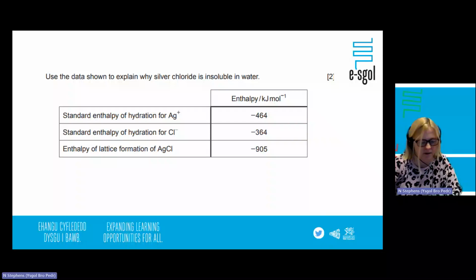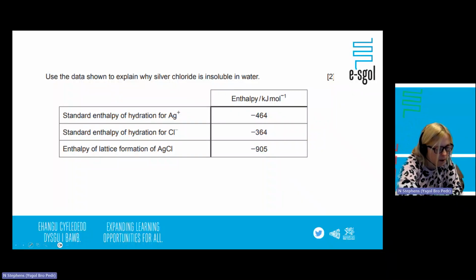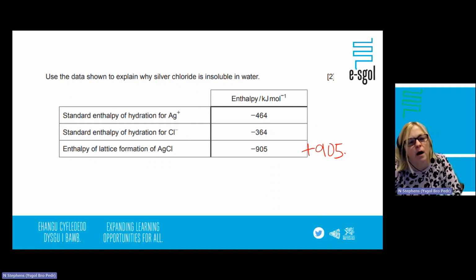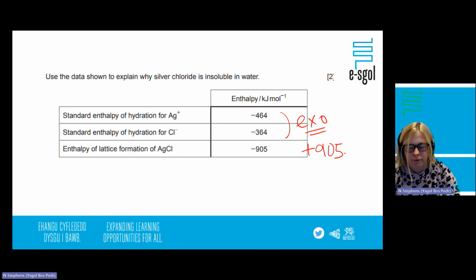And if you can see, based on that, if I just quickly highlight that, then we know that to break the lattice, you will in fact need to input 905 kilojoules per mole. Now, even by hydration, which is an exothermic process, you would not get sufficient exothermic energy repaid by hydrating the ions you form by breaking apart the lattice, which is an endothermic process.